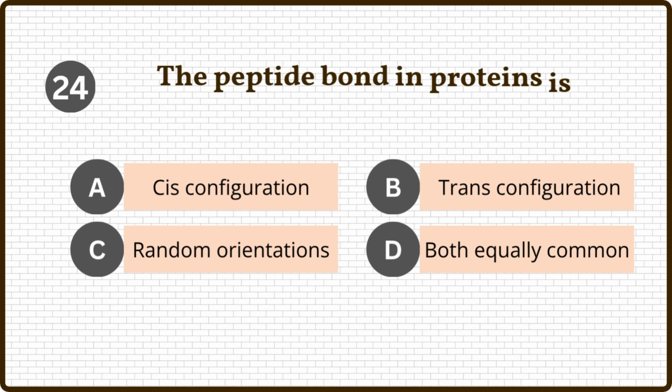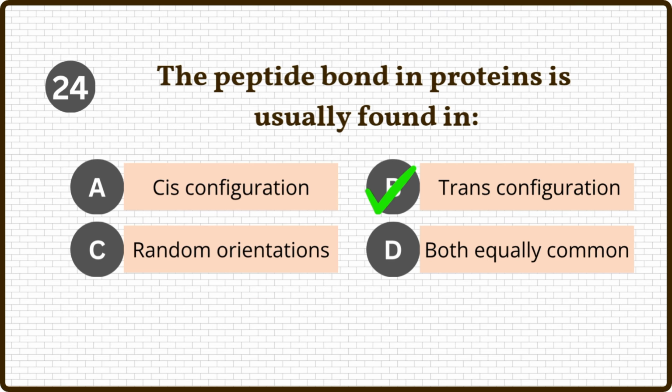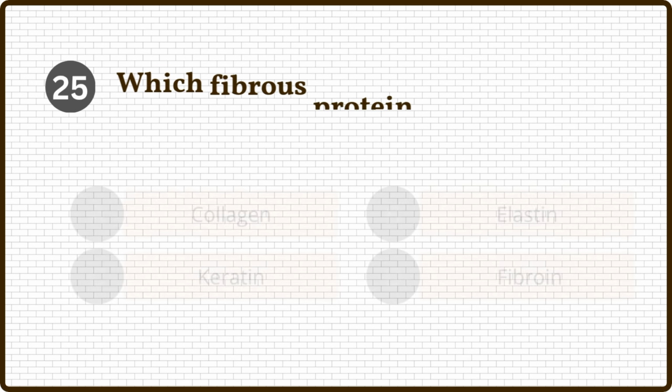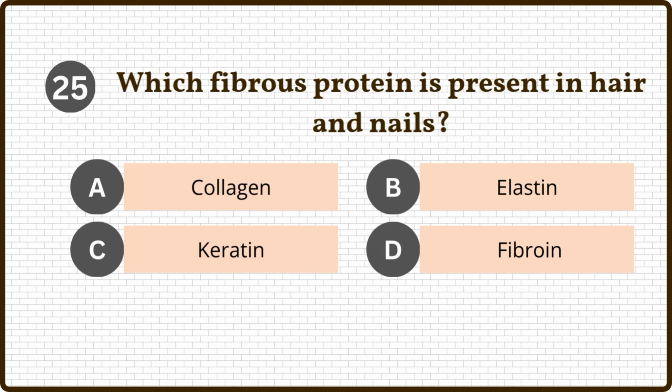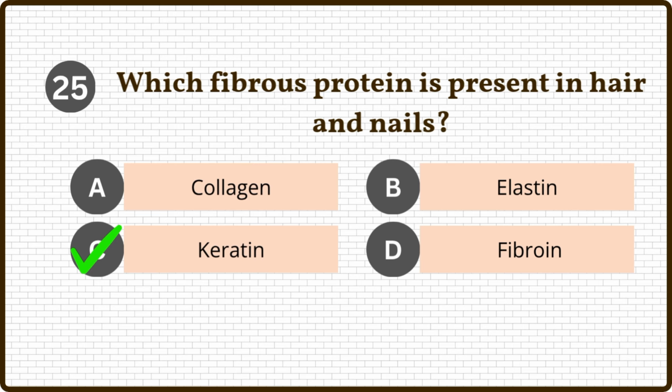The peptide bond in proteins is usually found in trans configuration. Which fibrous protein is present in hair and nails? Keratin.